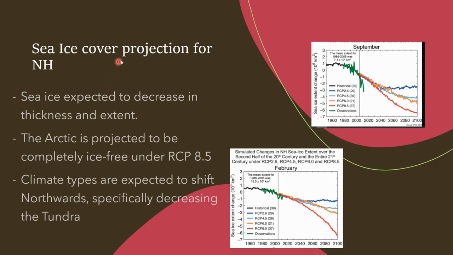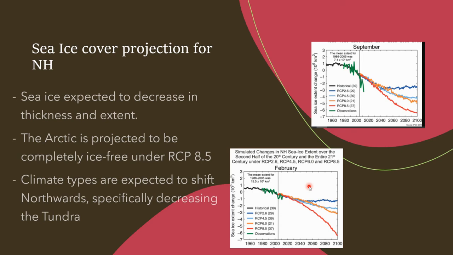So, sea ice cover projection for the northern hemisphere. What's going to happen in terms of sea ice? As you can see from this graph, the general trend is that it will definitely decrease. Sea ice is expected to decrease in thickness and extent. The thickness of the sea ice layer will decrease, as well as the area of sea ice.